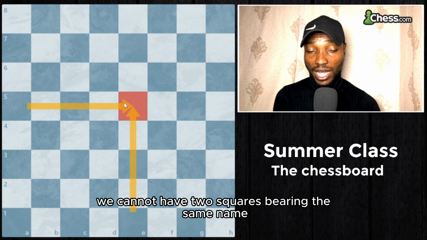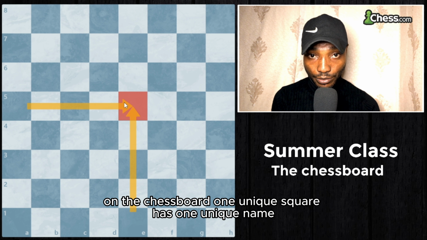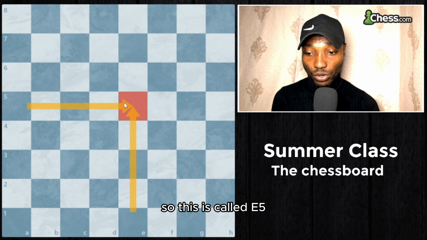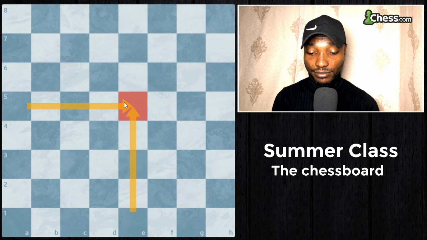We cannot have 2 squares bearing the same name on the chessboard. One unique square has one unique name. This is called E5.